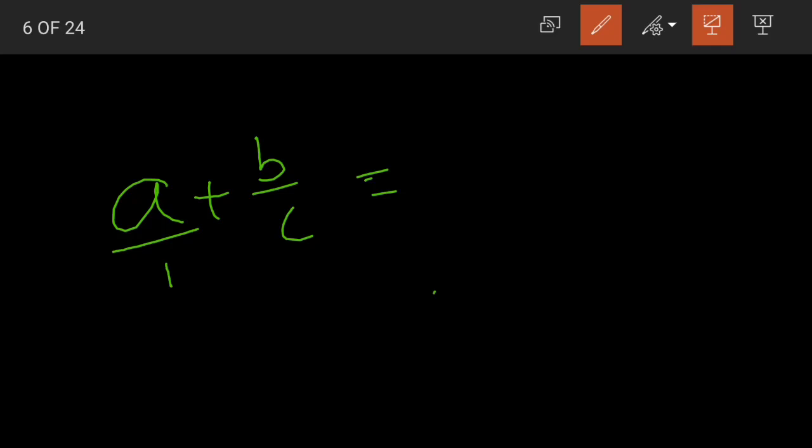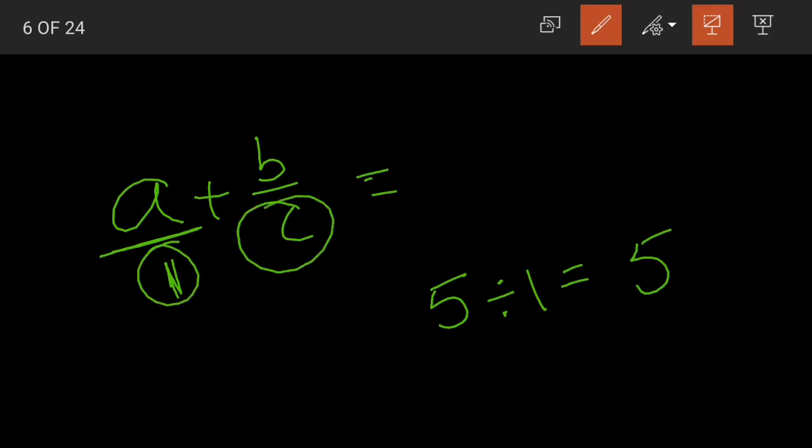Because whenever we divide a number by 1, let us say 5 divided by 1, the answer will be 5 only, right? So here the denominators of both the numbers are different.